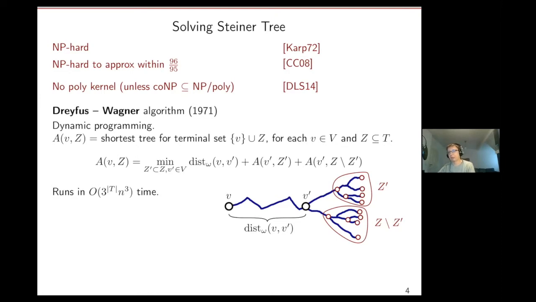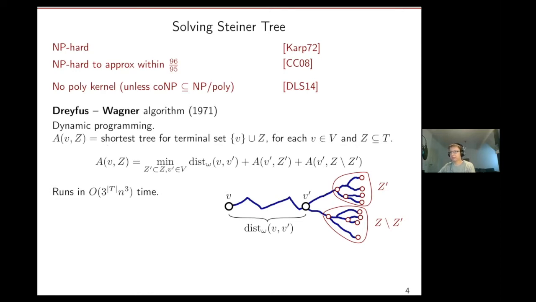We have these subproblems A of V and Z, where V is a vertex in the graph, and Z is a subset of the terminal set capital T. The value of A(V, Z) is going to be the shortest tree which connects V with Z.